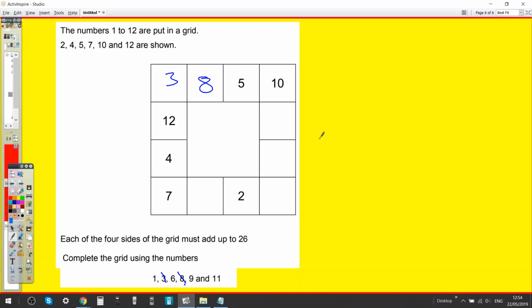Which one was 19? If you were to put the 9 under the 10, that gives you 19.